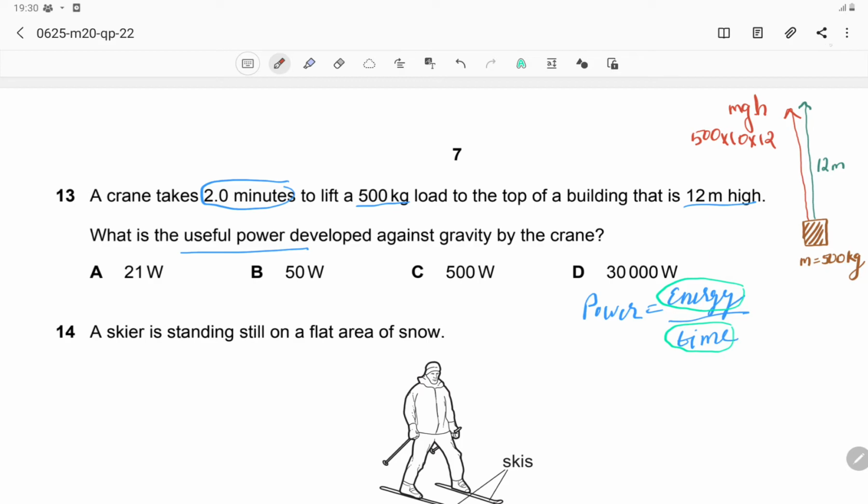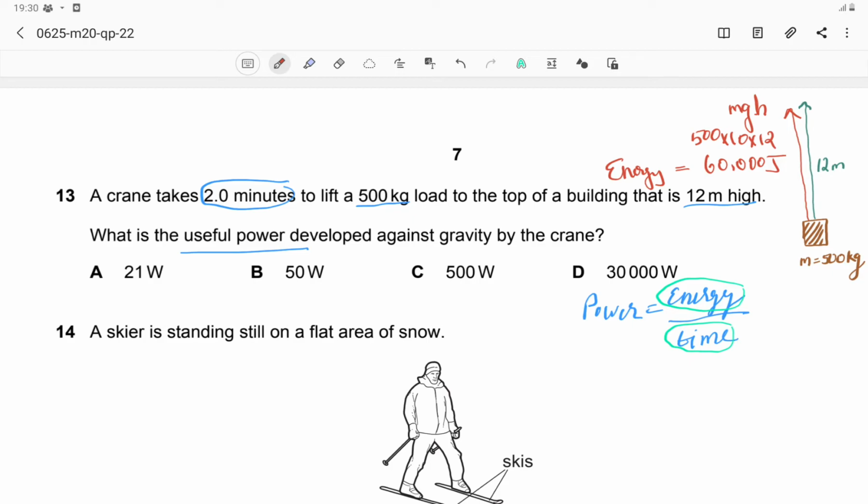So you will get a total energy of 60,000 joule. That means this mass load has gained an energy in the form of potential energy that is equal to 60,000 joule. So to lift this mass, or in order to do this work, we have to supply an energy which also should be equal to 60,000 joule.